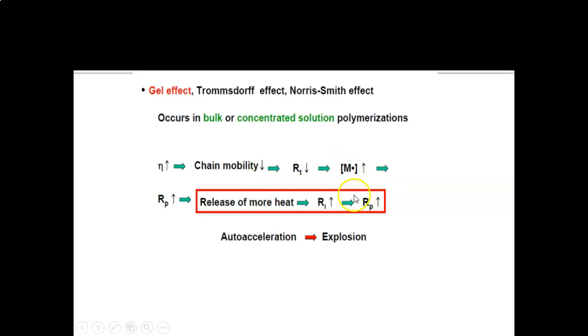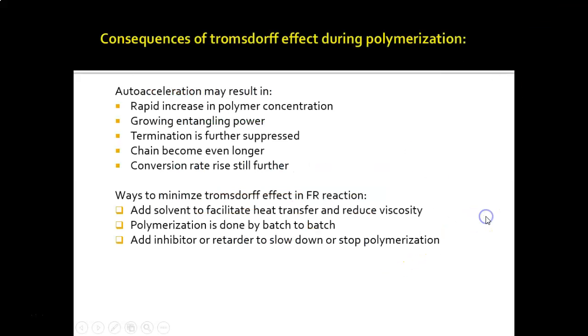The rate of termination is also reduced, but the monomer and radical concentrations increase, and the polymerization increases. It releases more heat, the rate of initiation increases, and the rate of polymerization also increases. When heat increases and chain mobility decreases, it leads to autoacceleration, or an explosion of the process.